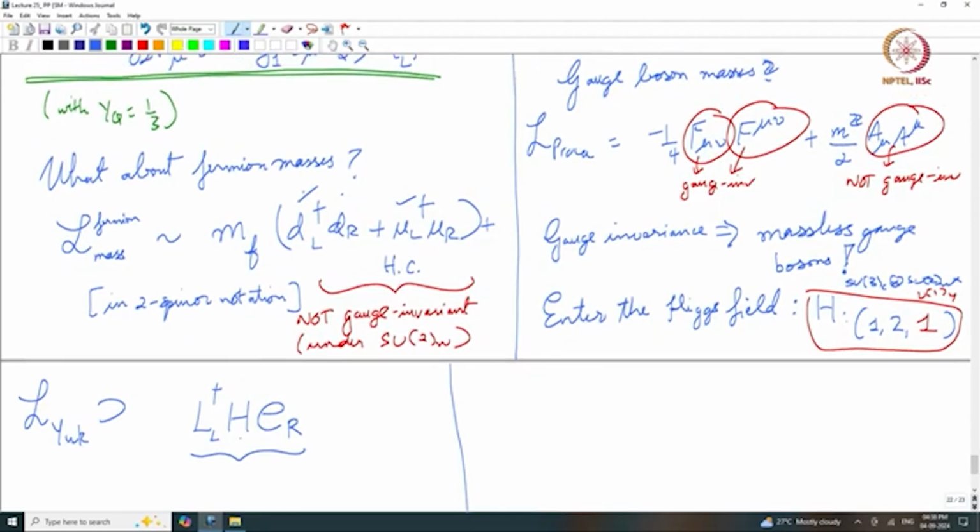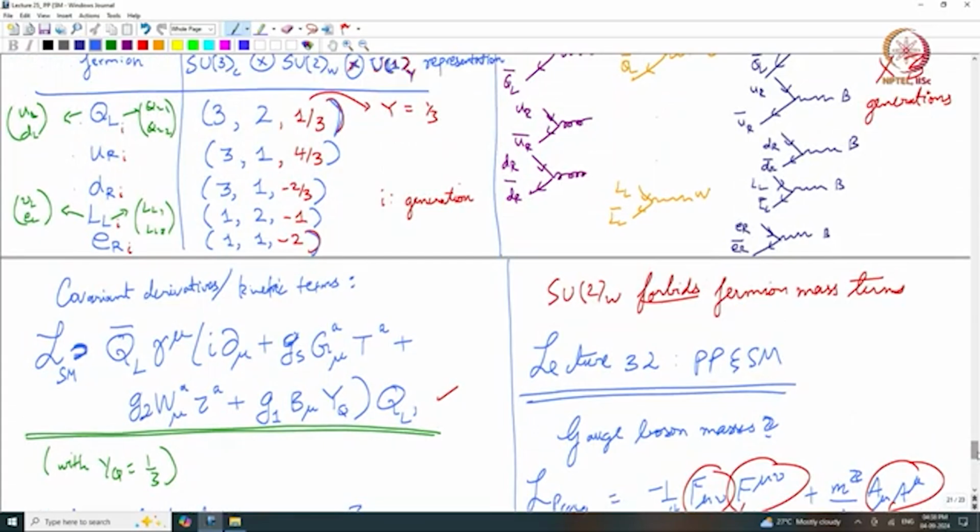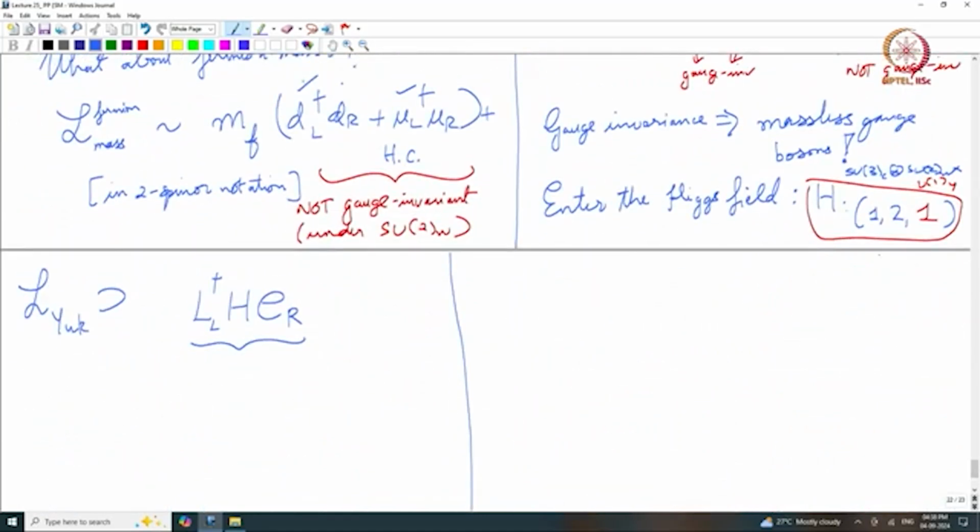So that is satisfied. What about the SU2? So the L field transforms as a doublet under SU2, the H field also transforms as a doublet under SU2. So I have just married a doublet under doublet and I am going to get a singlet, correct.